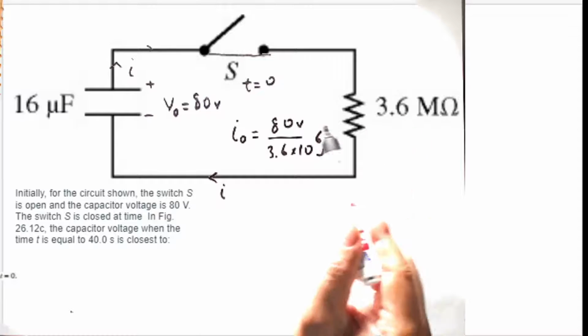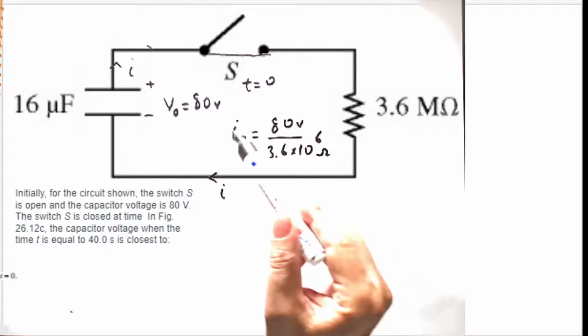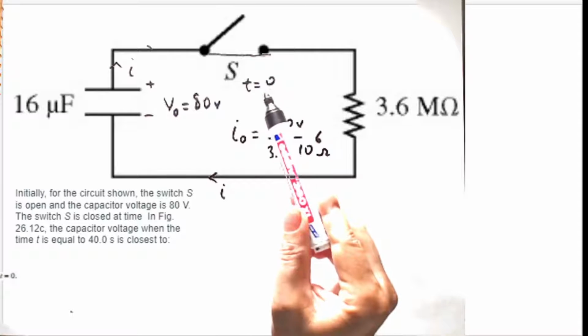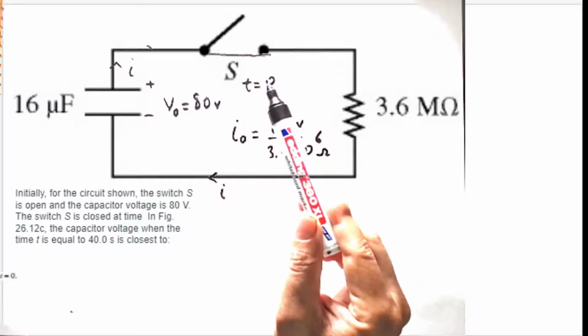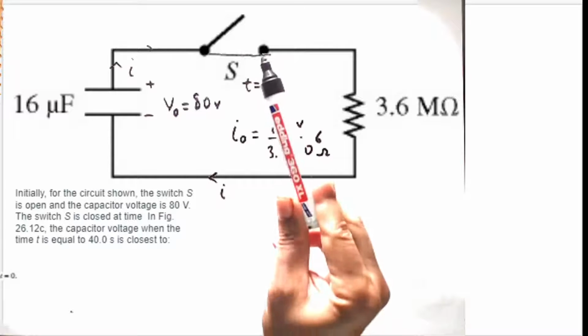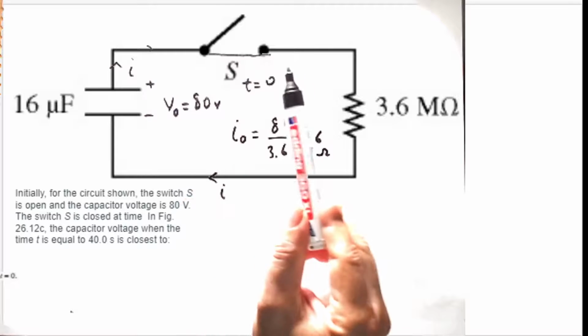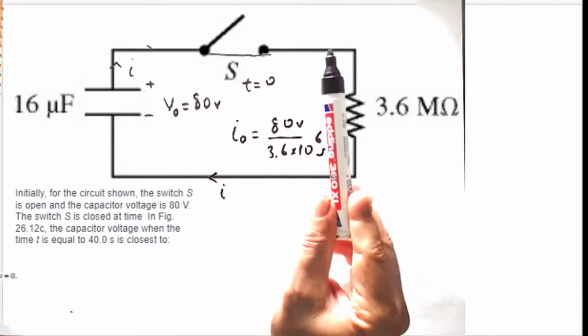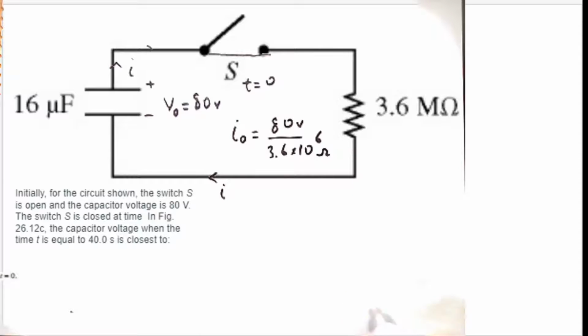So by solving this, you can find the current in this simple circuit at time t equals 0, when you just close the switch. At that time, you read the current value in your ammeter to be 80 divided by 3.6 times 10 to the 6. Mega is 10 to the 6.